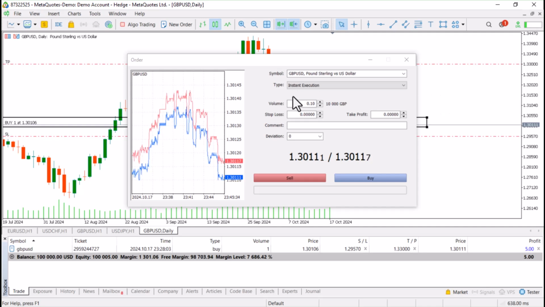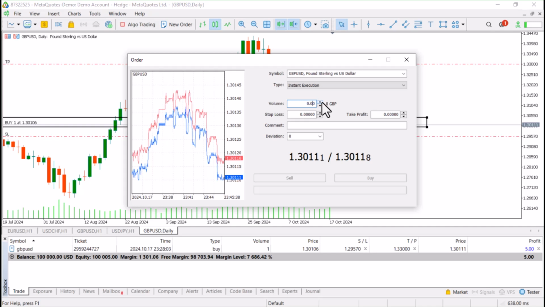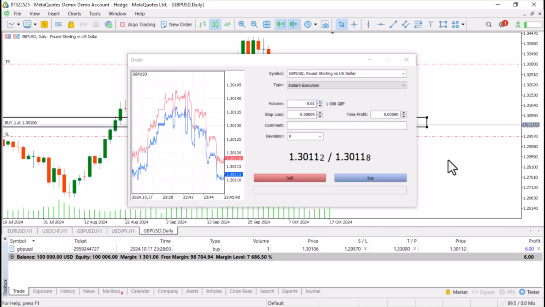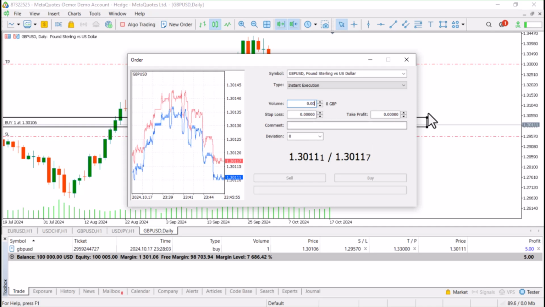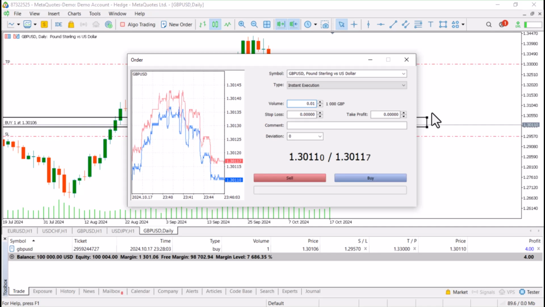If you want to trade micro, that will be 0.01. Now let's see, maybe we can trade nano. 0.000. No, we can't go nano here. The least position size we can trade there is 0.01, which is micro.